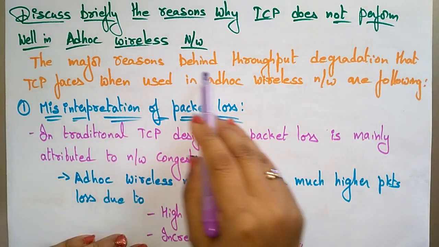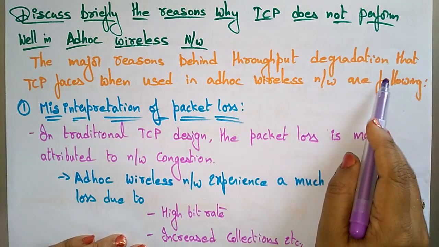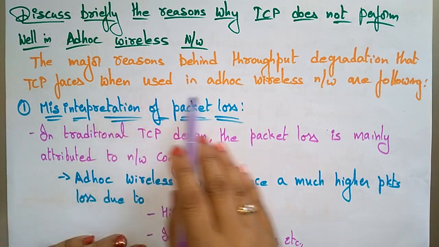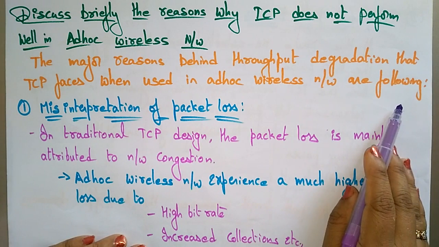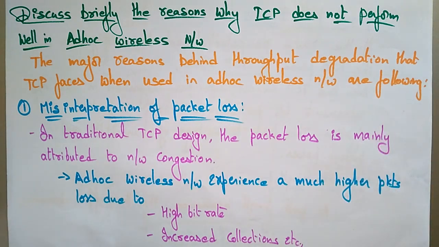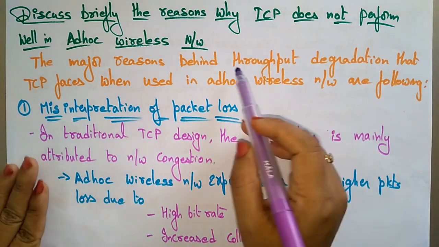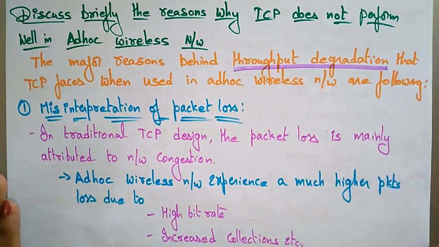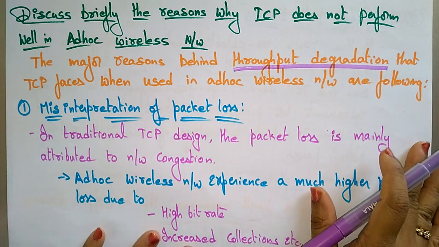The major reason is the throughput degradation that TCP faces when used in ad hoc wireless networks. This is the main problem why the ad hoc wireless network does not fully support the traditional TCP: the throughput degradation that occurs in traditional TCP.